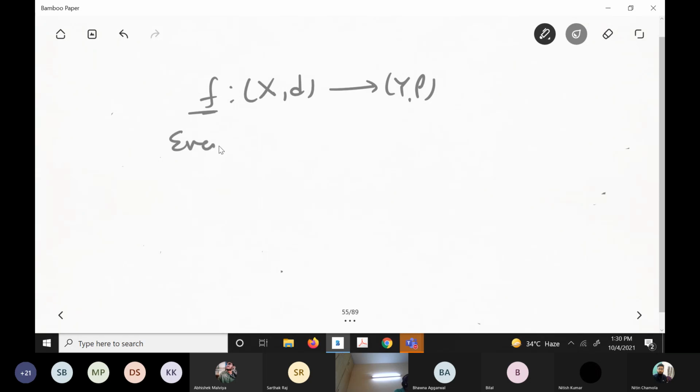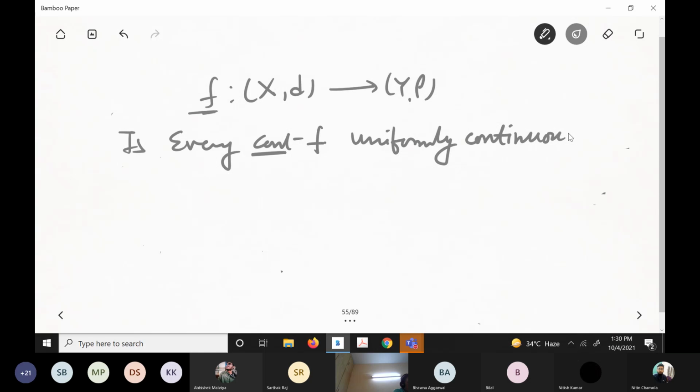This is a question: is every continuous f uniformly continuous?